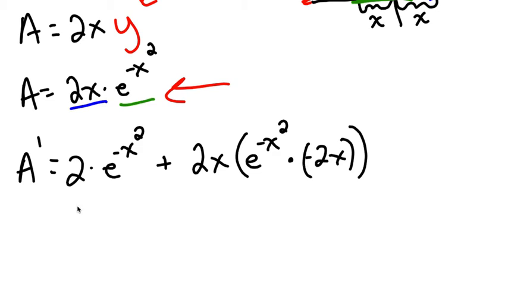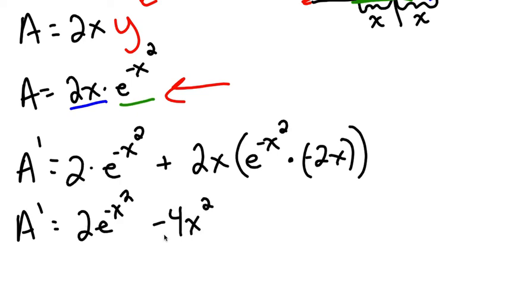Now let's clean it up first. A prime is 2e to the negative x squared, minus 4x squared e to the negative x squared.